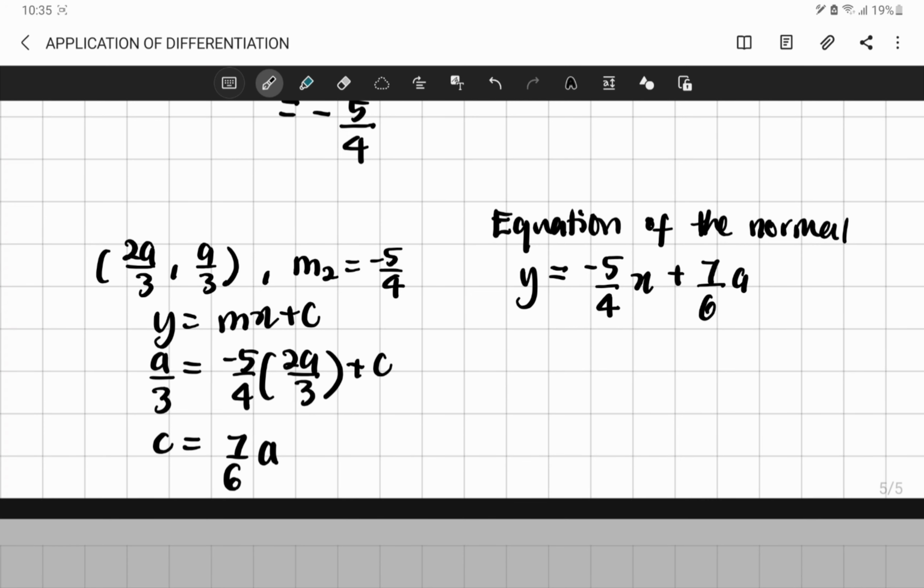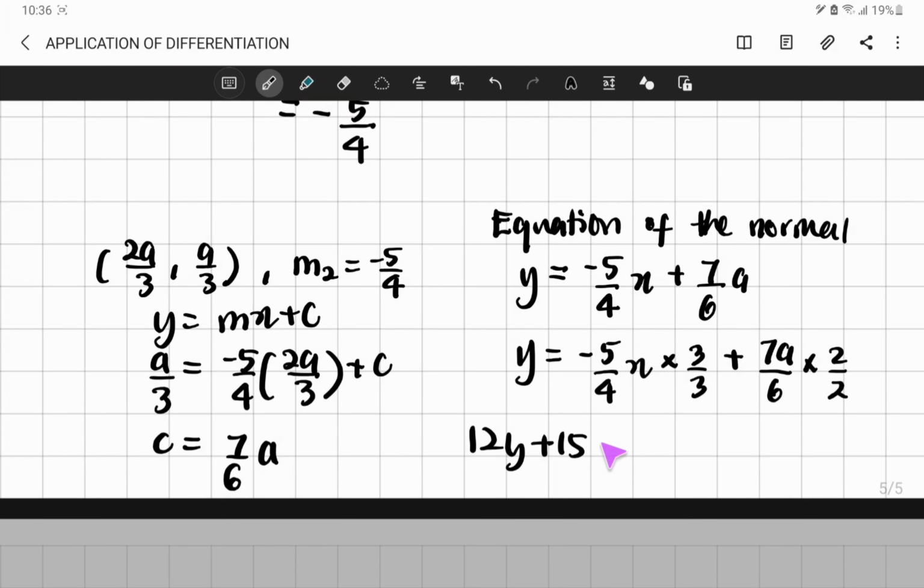You can also write this down as, let us simplify this function by multiplying -5 over 4 x by 3 over 3 and 7a over 6 by 2 over 2. We're going to get 12y plus 15x equals 14a.